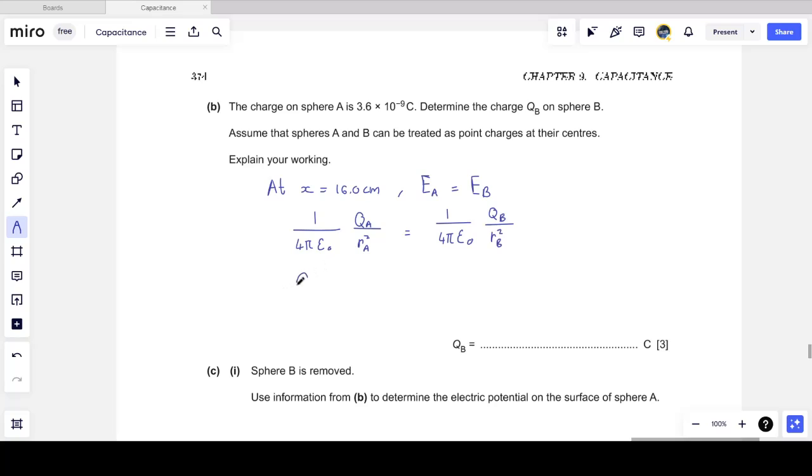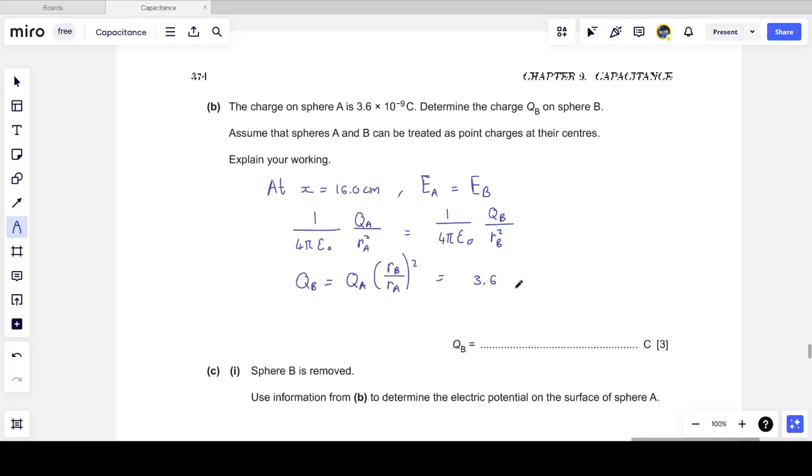So the charge on sphere B, QB, as you can see the constants disappear, is equal to the charge on A times the ratio of distances to the neutral point, RB over RA all squared. And all of these are known.